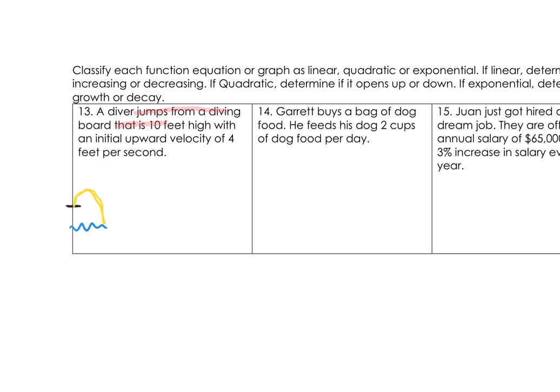So essentially what kind of graph they're making is this U-shaped graph that opens down because they're going up and then they're going back down. So that is what's going to help us identify that it's quadratic and that it opens down.